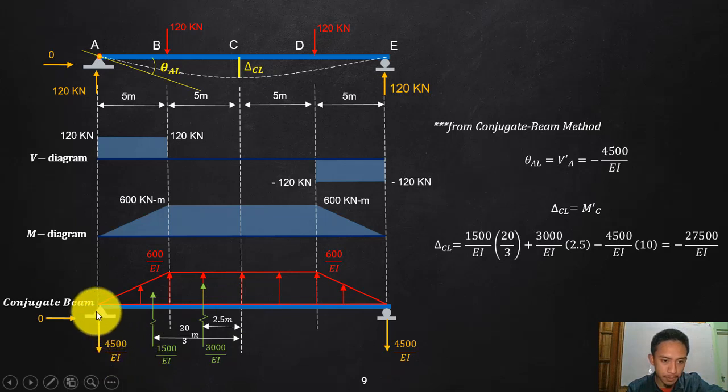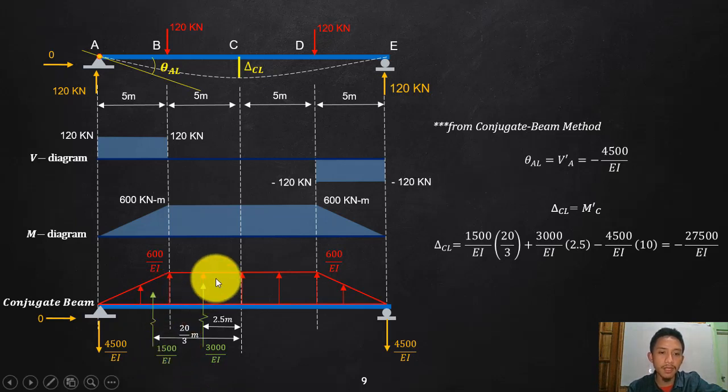So nothing happens with my reaction, and then I will be loading the M over EI diagram, and that is my loading of the conjugate beam. I discussed in the introduction that you can draw the shear and moment diagram of this, but you will have curves, so as long as you know how to get the area and centroids of curves, then why not?